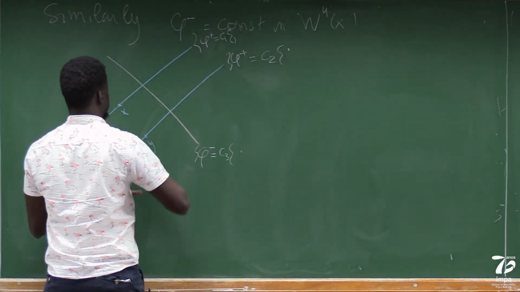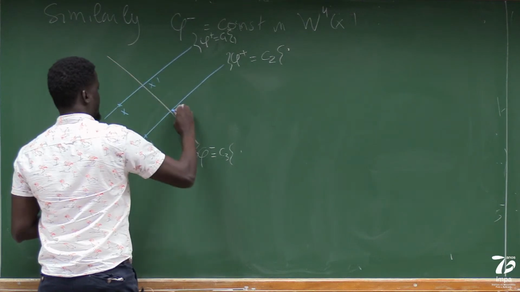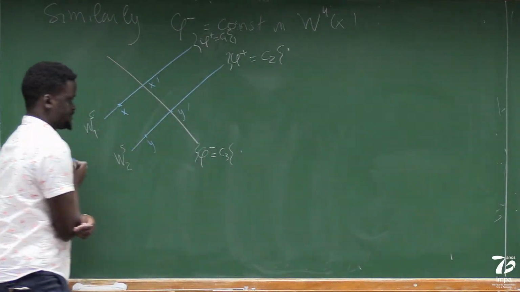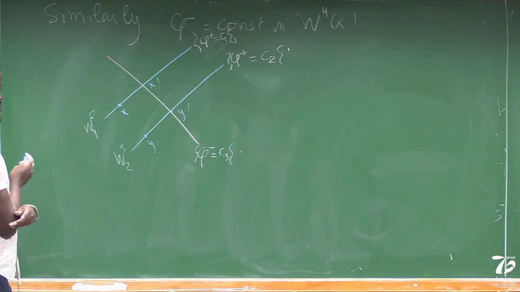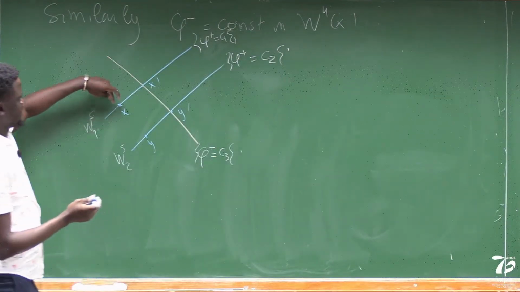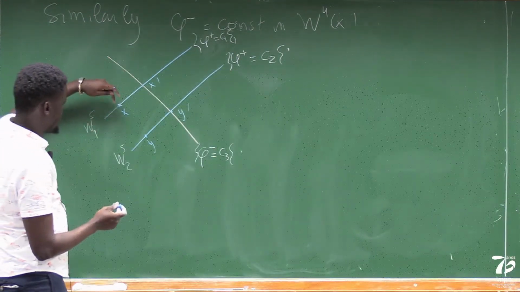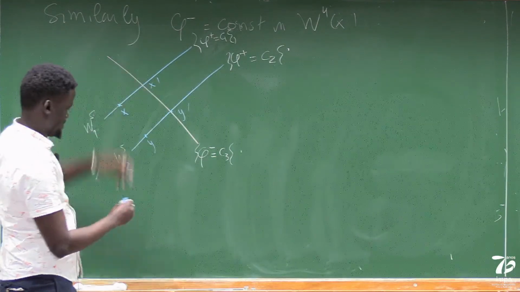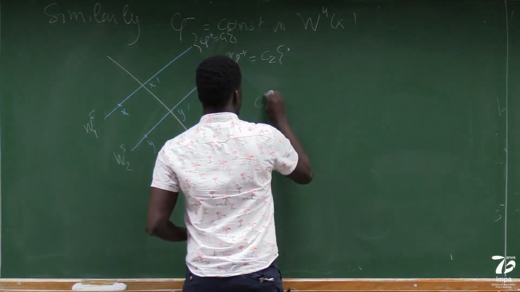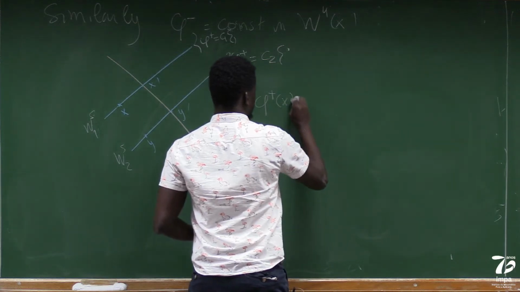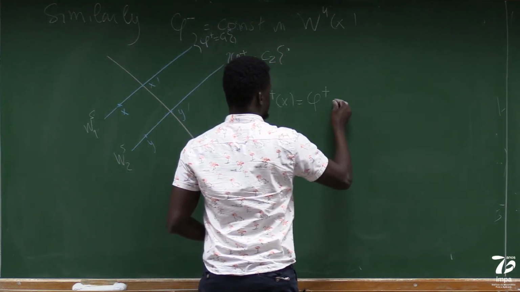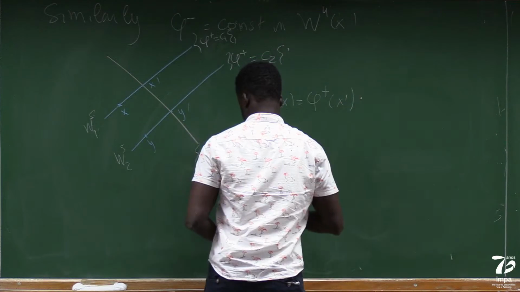Let's call this guy x prime and this guy y prime. So here what you see is that phi plus is the same here and here. That is Hopf. So phi plus of x equals phi plus of x prime.